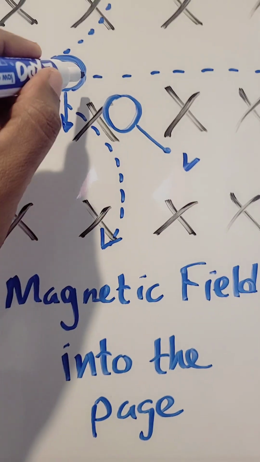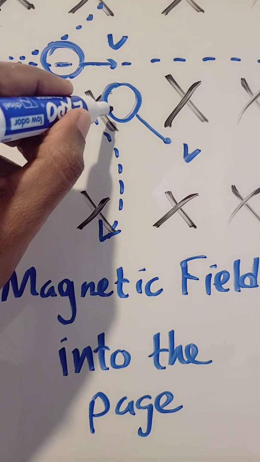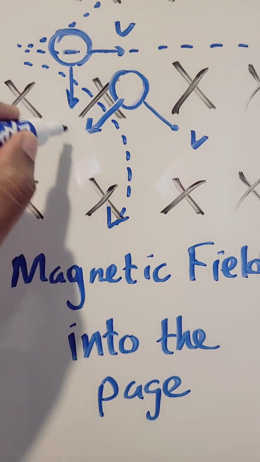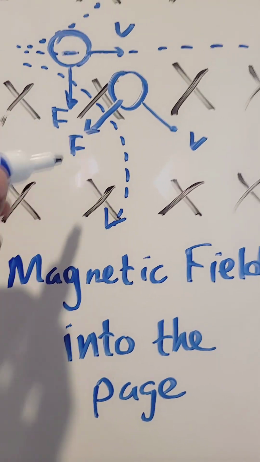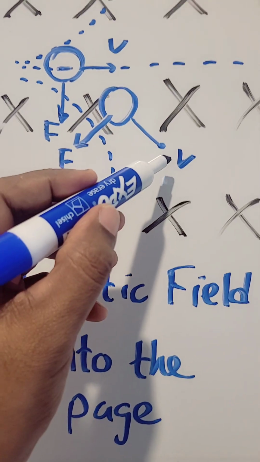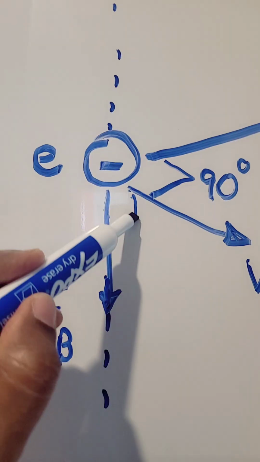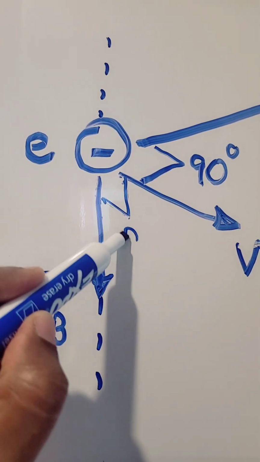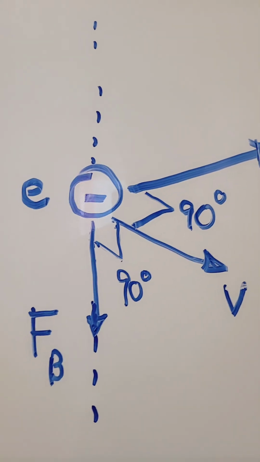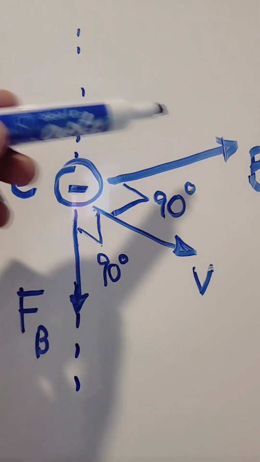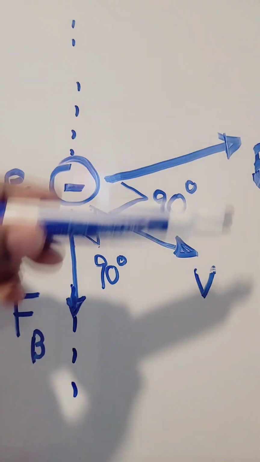That's the velocity vector. The force is like that. That's the force. So you can see the velocity vector and the force vector, just like over here, are perpendicular to one another. Again a 90-degree angle.